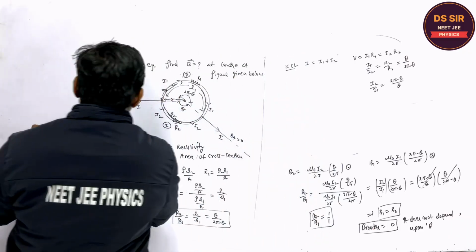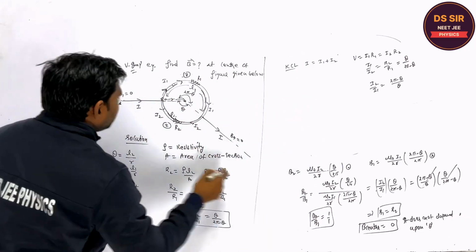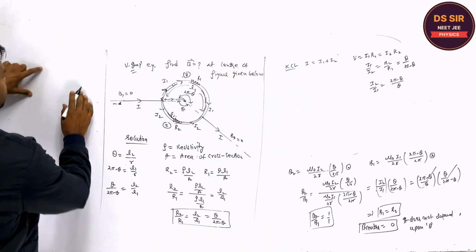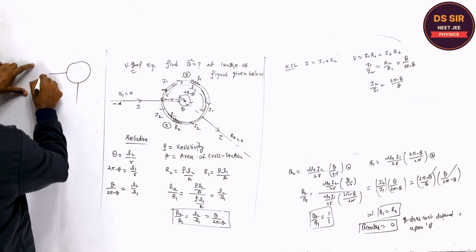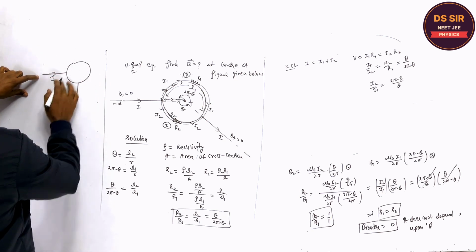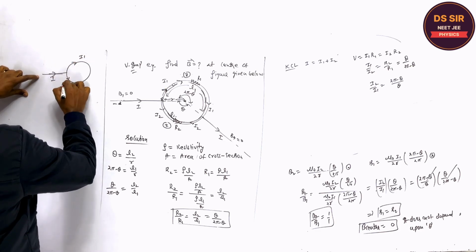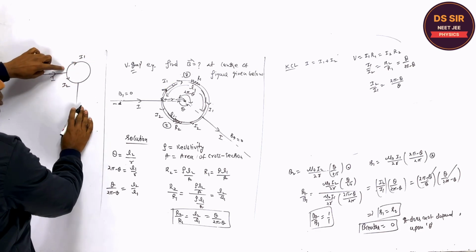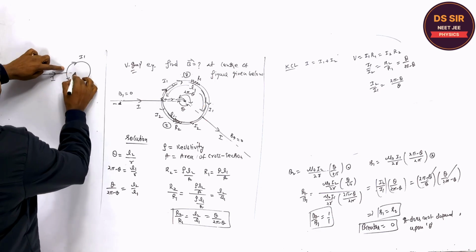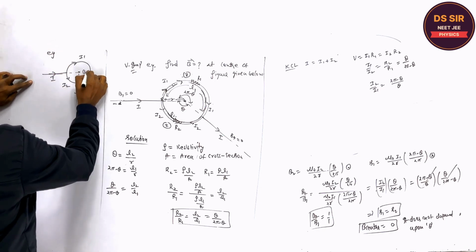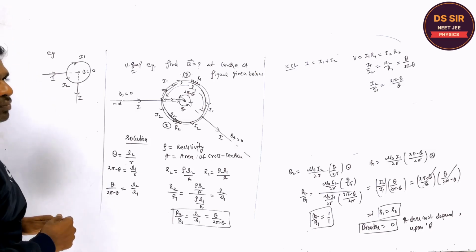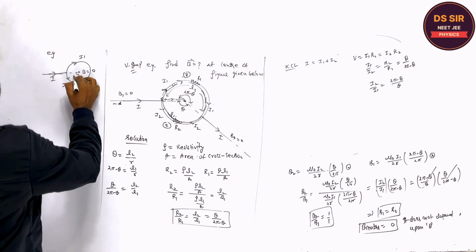I'm writing this on the side. After that, you may write here, if this is the circle, the current I enters, some current I1, I2 will distribute, and it is I. So what is the magnetic field at the center? It will be 0, whatever the angle of theta is.